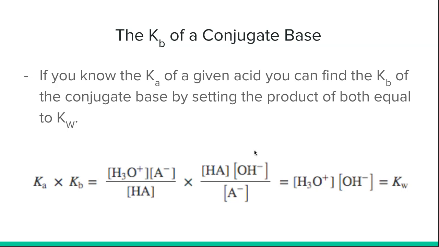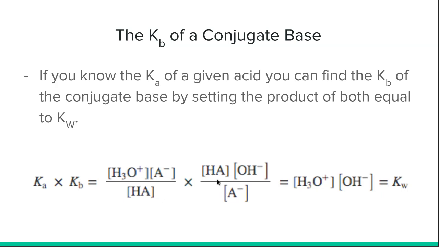All you have to do is set the product of both equal to Kw. If you take a look at this, you have Ka times Kb, and we can set Ka equal to the hydronium ion times the conjugate base over the acid. And for Kb, we can refer to that as the conjugate acid and the hydroxide over the base.